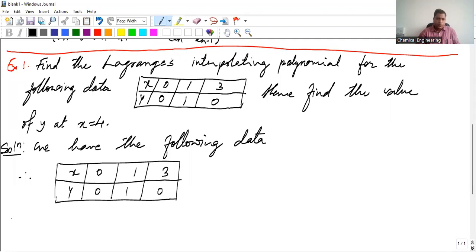We always start with 0, so this value is x0, this is x1, and this is x2. This is y0, this is y1, and this is y2. Now consider Lagrange's interpolation formula.